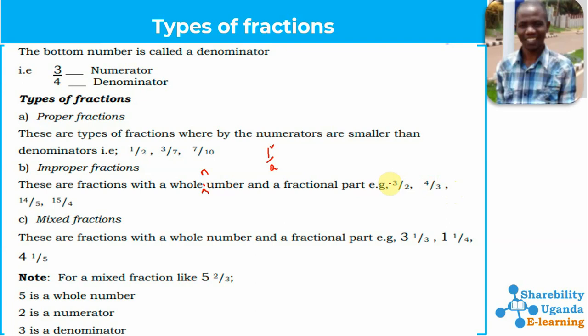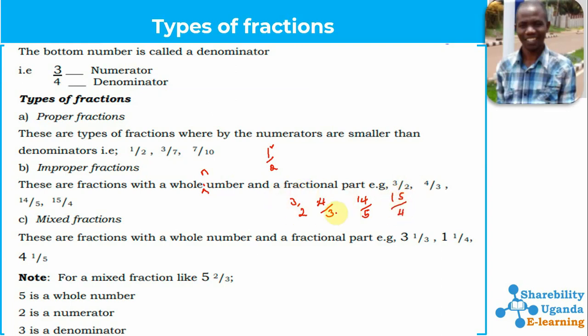So here we have our examples: we have 3 out of 2, then we have 4 out of 3, then we have 14 out of 5, then we also have 15 out of 4.